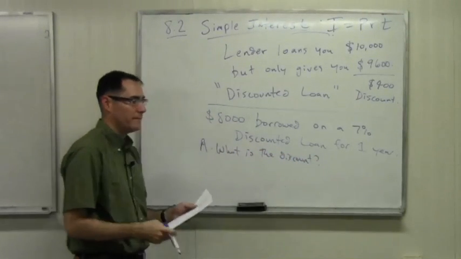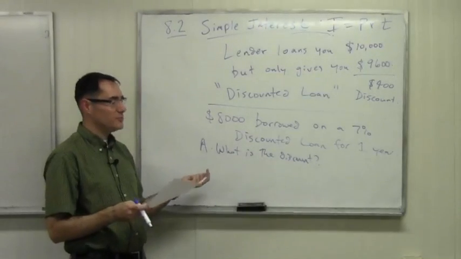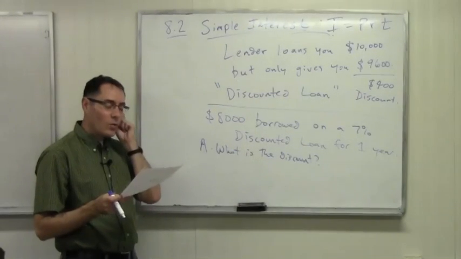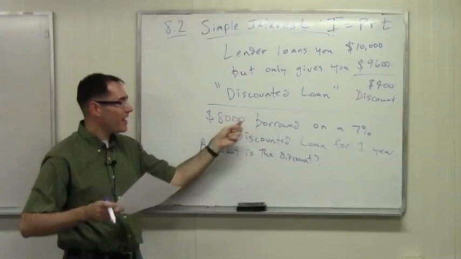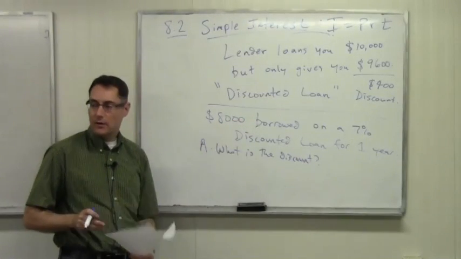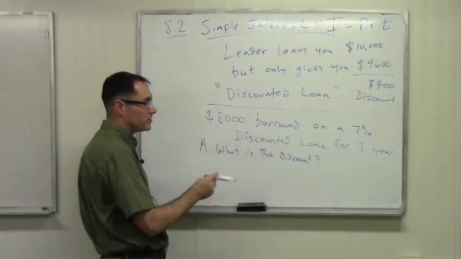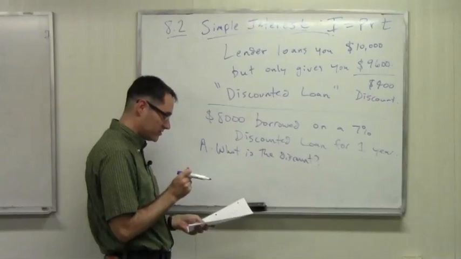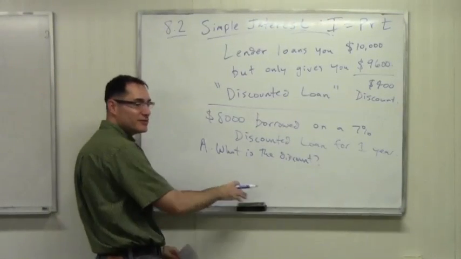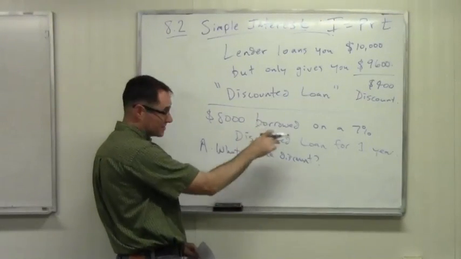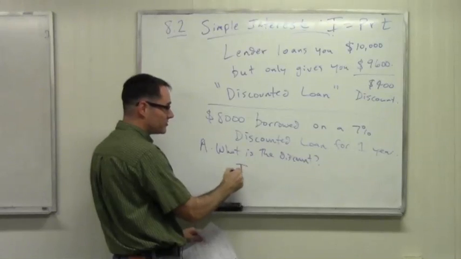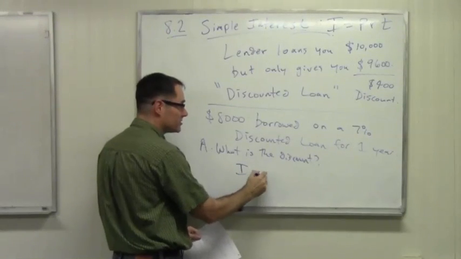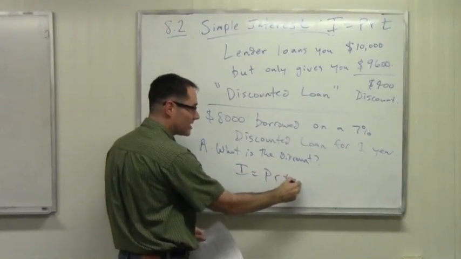That's question number 1. This is actually not too bad. This is saying, what's the interest that you would pay on $8,000 for 1 year? The discount is 7% of 8,000, so interest equals the principal times the rate times the time.